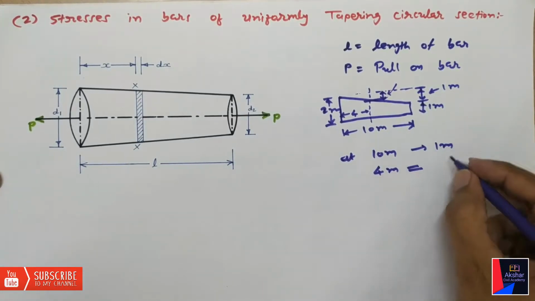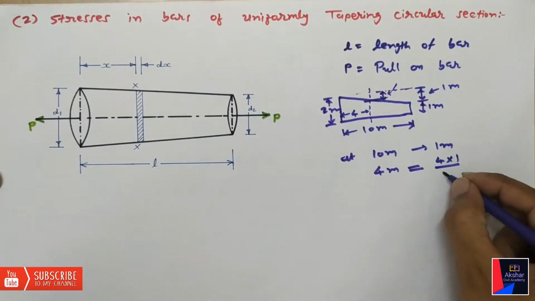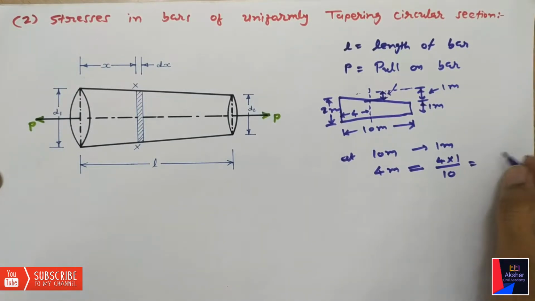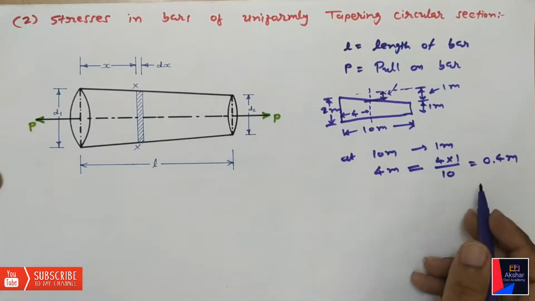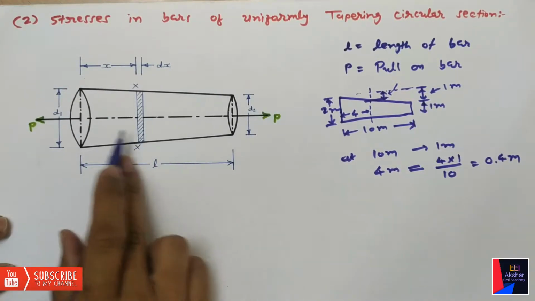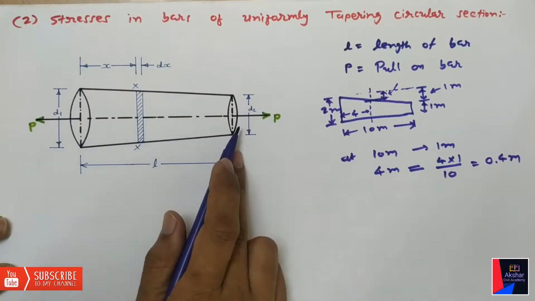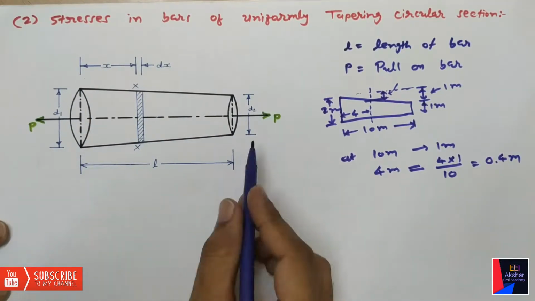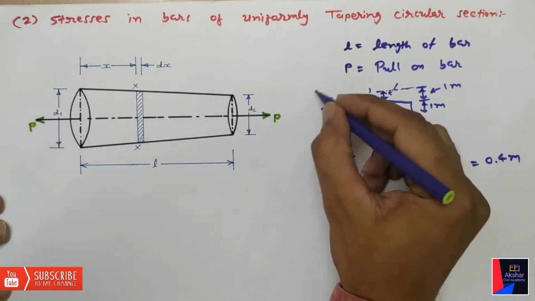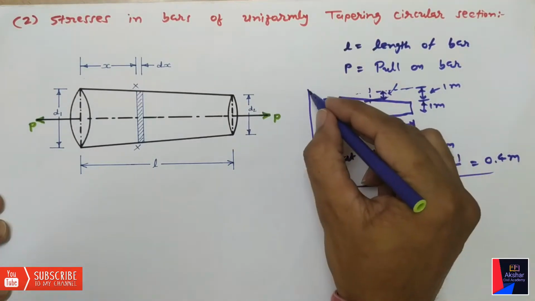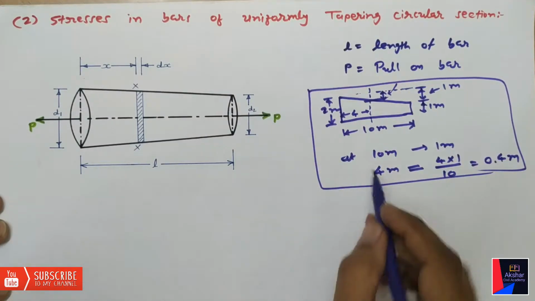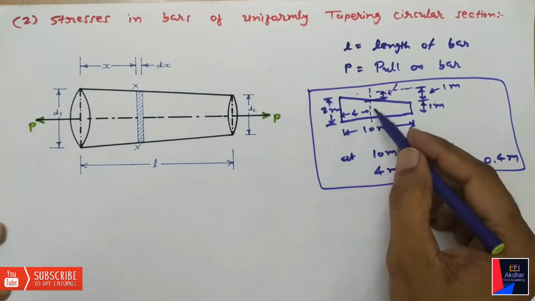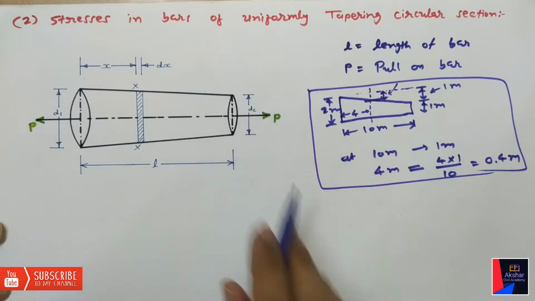We can find it as 4 multiplied by 1 divided by 10, so we get 0.4 meter. In the same way we can find the difference in diameters also. This is only for understanding; you no need to write this in your theory.